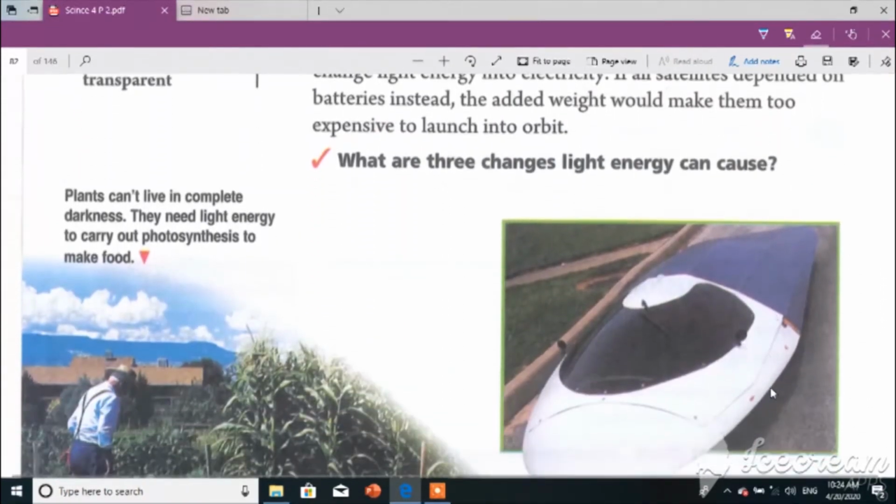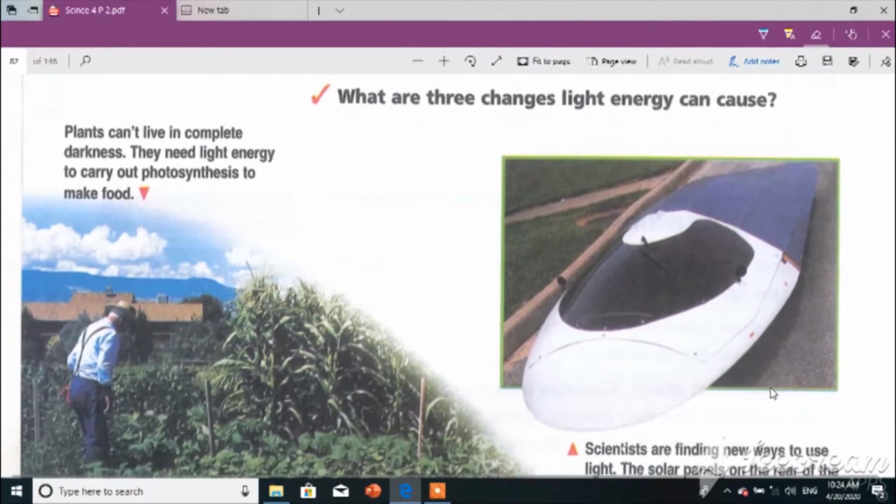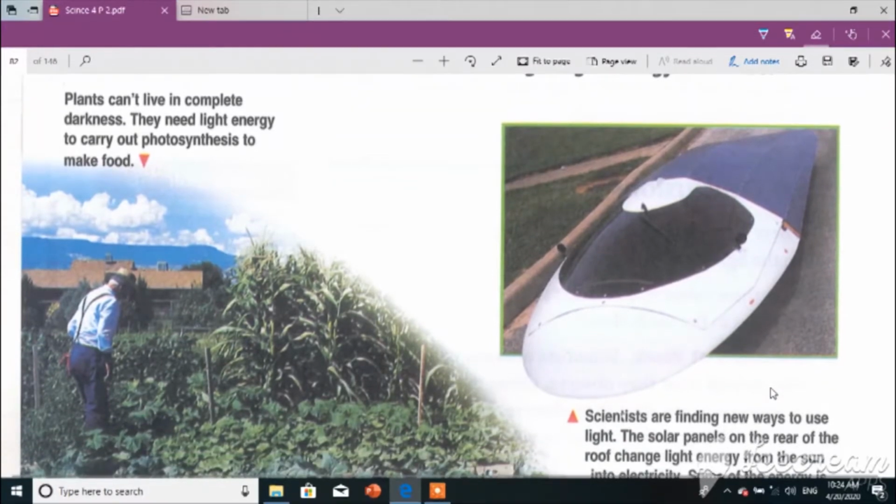Plants can't live in complete darkness. You know, students, all plants are autotrophs. That means plants can make their own food. Why? Because plants have chloroplasts. Inside the chloroplasts is chlorophyll, the green pigment that absorbs the light energy.